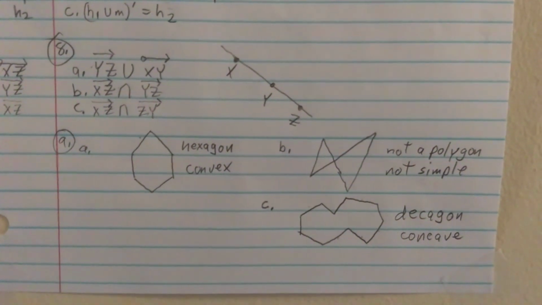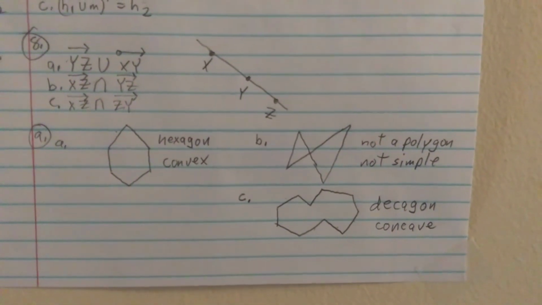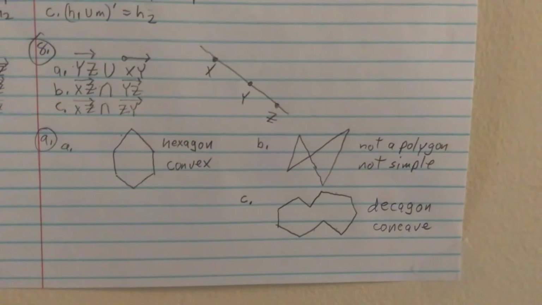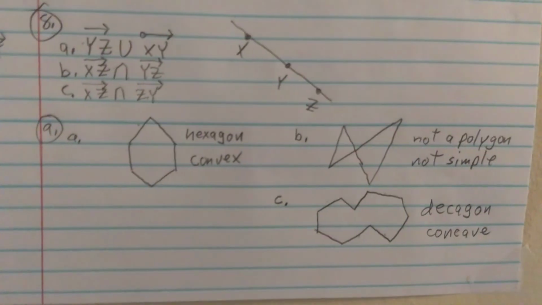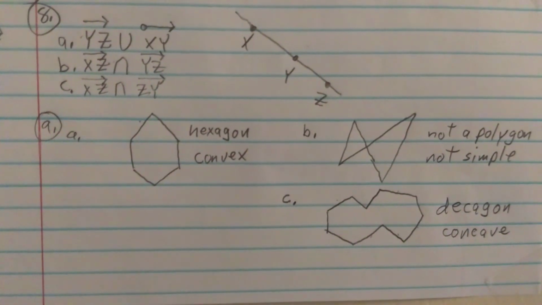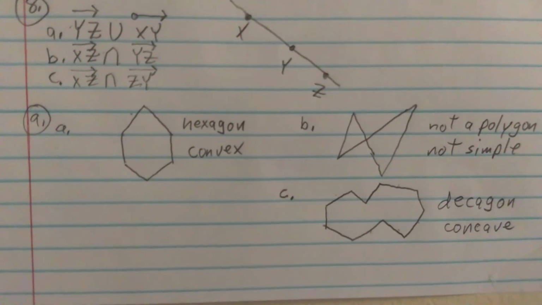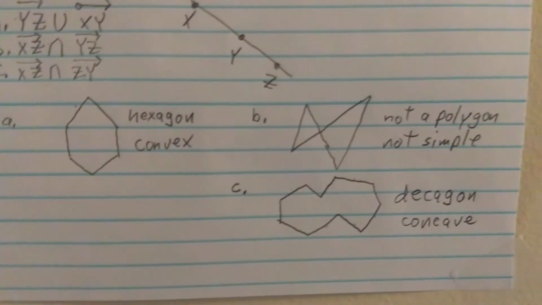So now for 9, we want to say what kind of a polygon it is and whether it's convex or concave. So for part A, we have 1, 2, 3, 4, 5, 6 sides, which makes it a hexagon, and it is convex.